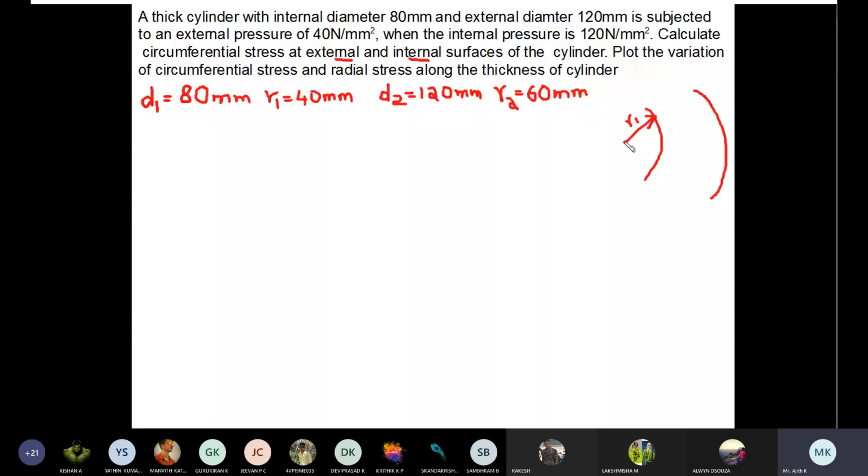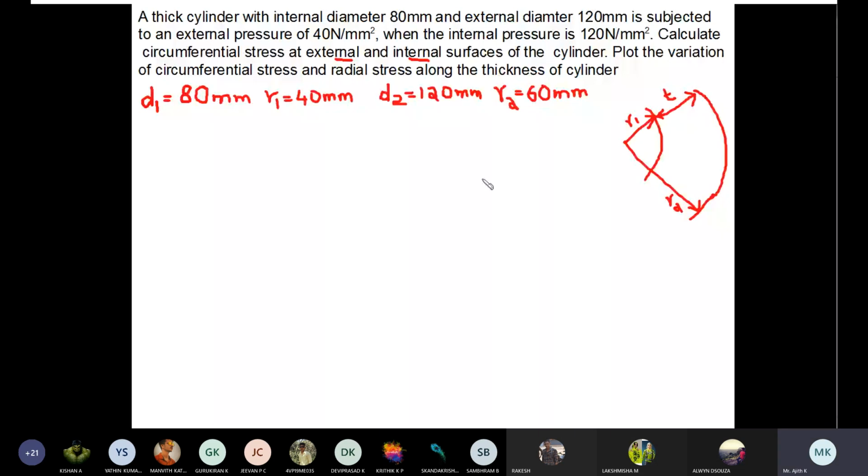This is external radius R2. So R2 is equal to R1 plus T. If external radius is not given but thickness of cylinder is, using R1 and T, you can find out R2 value.